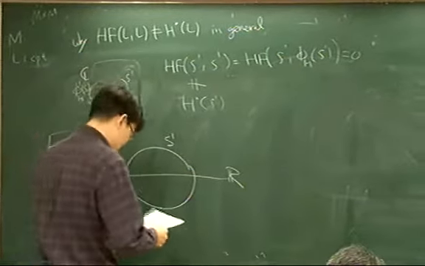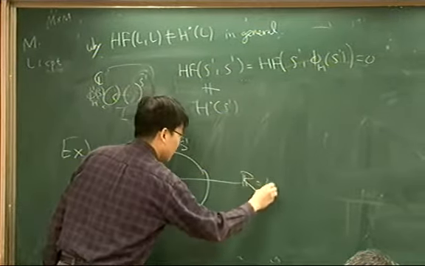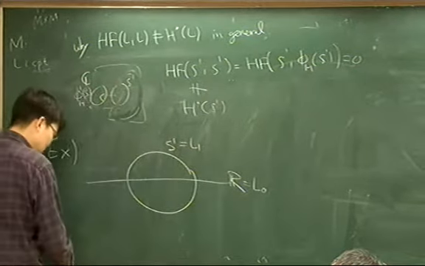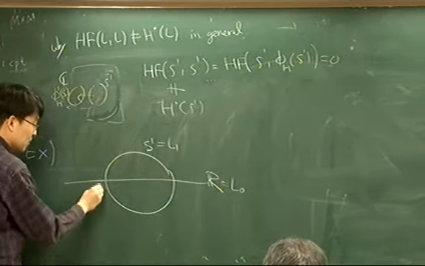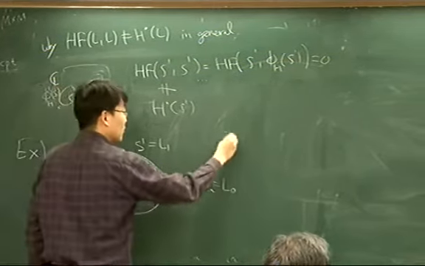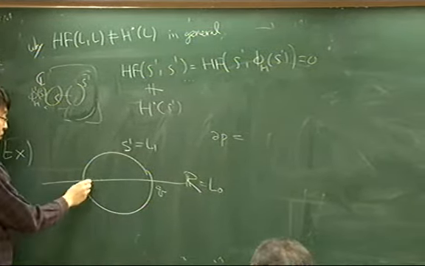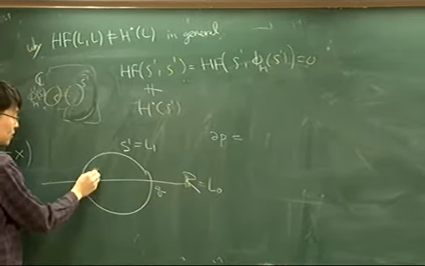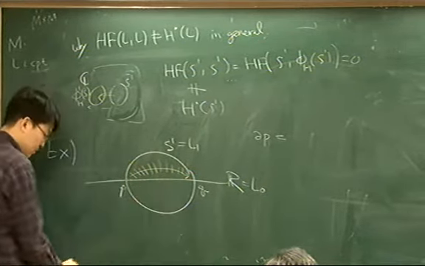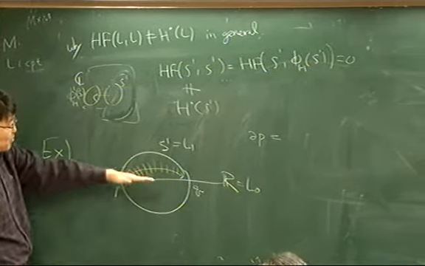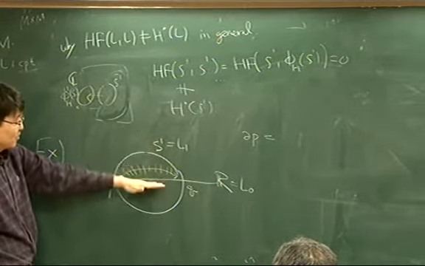Anyway, so okay. If you call this L0 and if you call this L1, then one can immediately notice that you have two intersections, P and Q, and one is the boundary of P, and you see one holomorphic strip. Remember that we had a condition that the bottom has to go to L0 and the top has to go to L1, right?